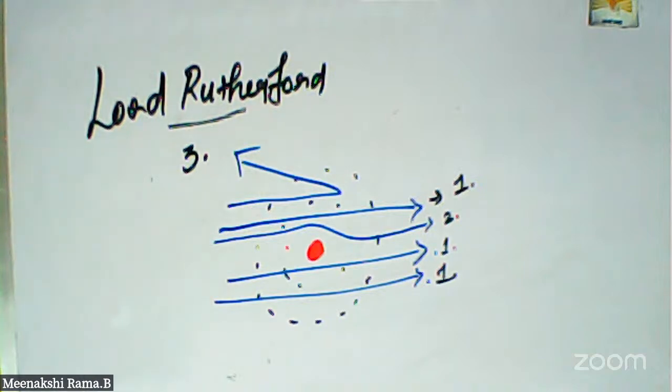Rutherford generalized these results of alpha particle scattering in this experiment, so he suggested this model of an atom. What are the details he told regarding the atom?